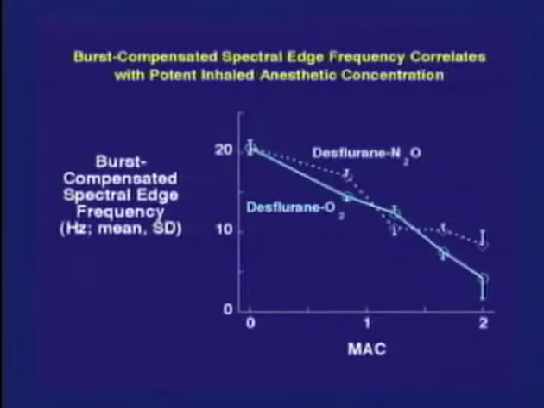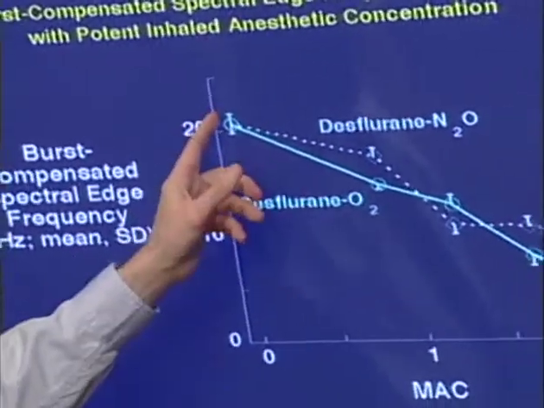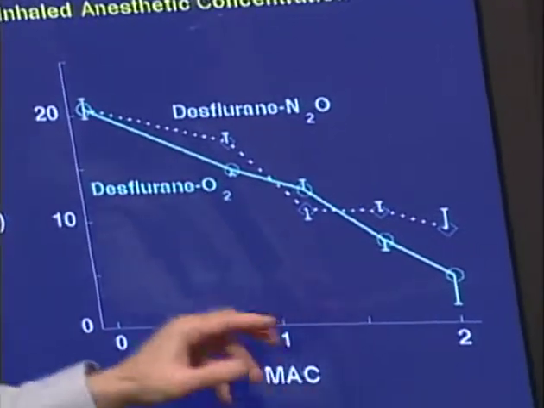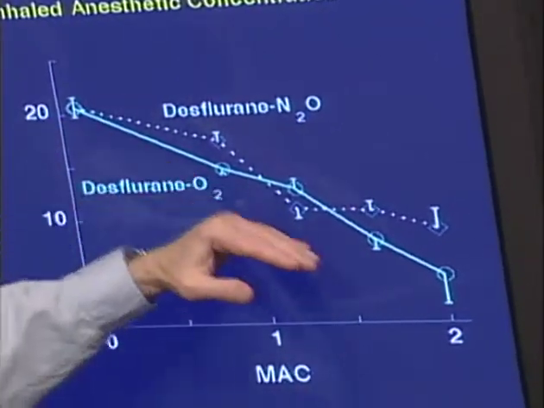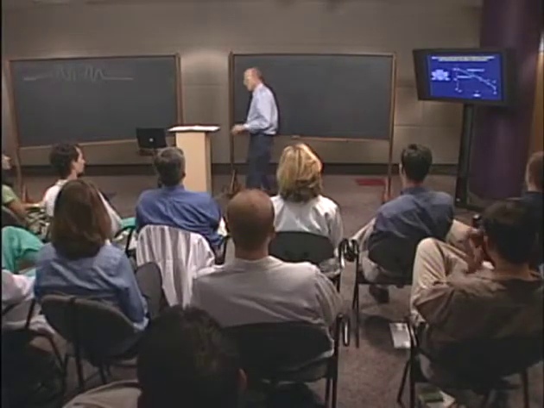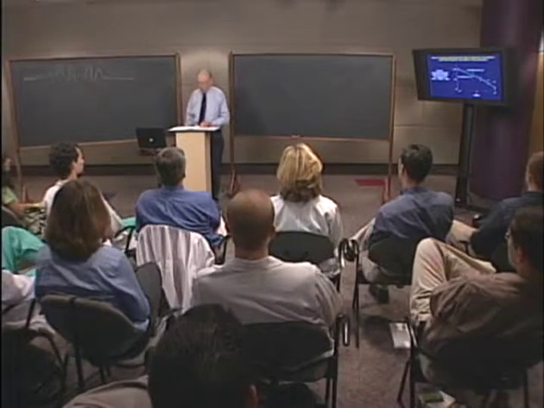That is, the awake person has frequencies that are up to, but not in excess of, 20 cycles per second. All the energy in the brain waves goes up to here. And then when we give anesthesia, that edge goes down, and all the energy is in lower and lower frequencies. That could be a measure of the depth of anesthesia if we liked it.